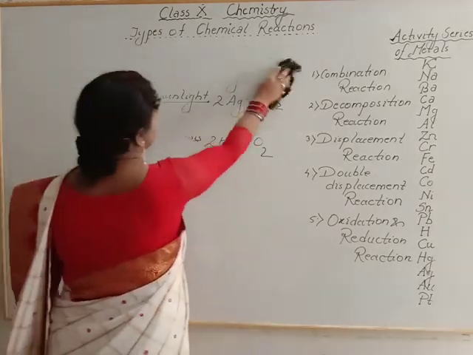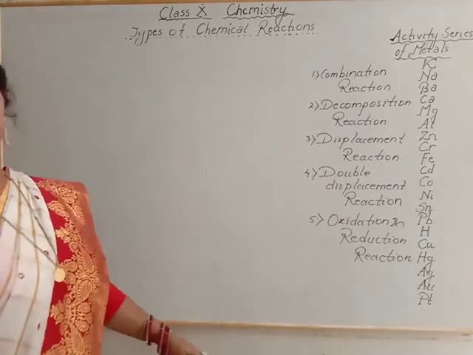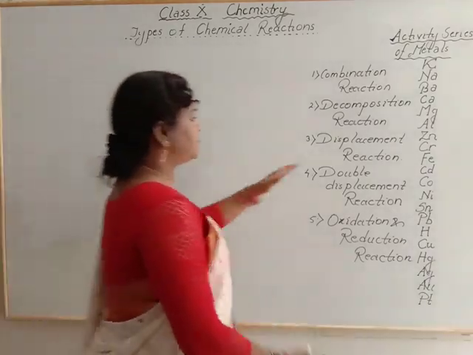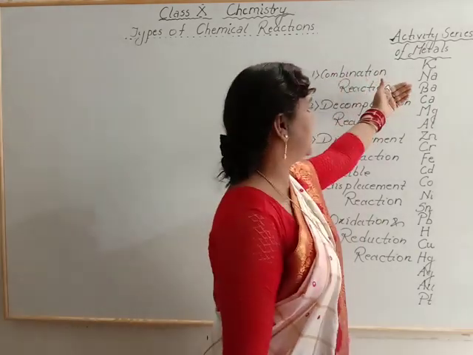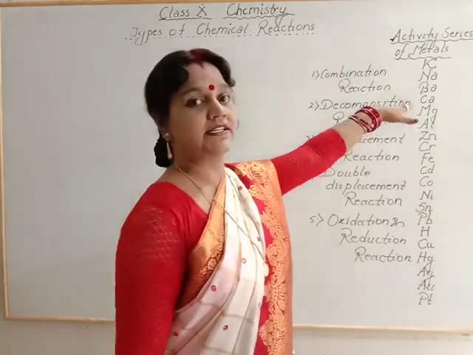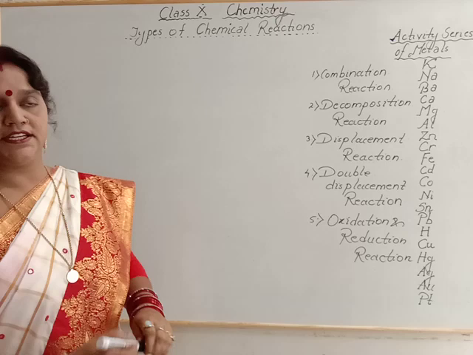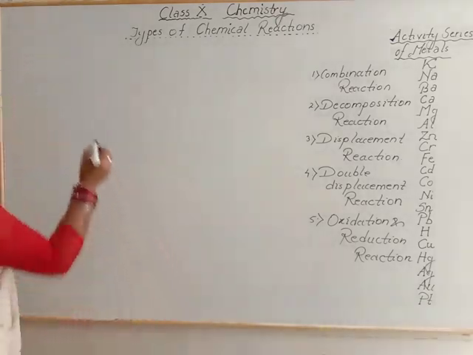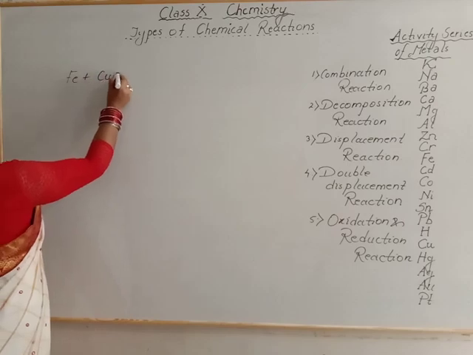Now third is your displacement reaction. So for displacement reaction, what happens in this? A reactive metal which is present higher in the reactivity series can replace the element present below it in the reactivity series. Now see, for example, iron plus copper sulfate.